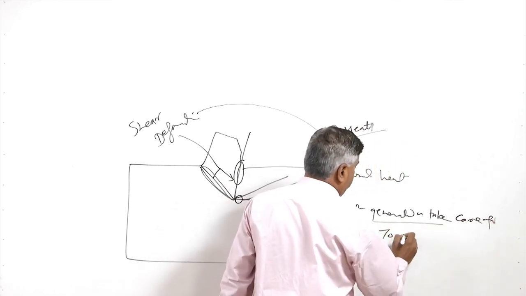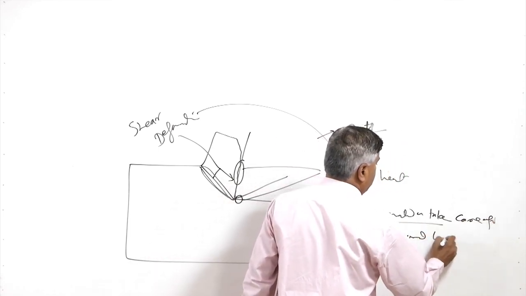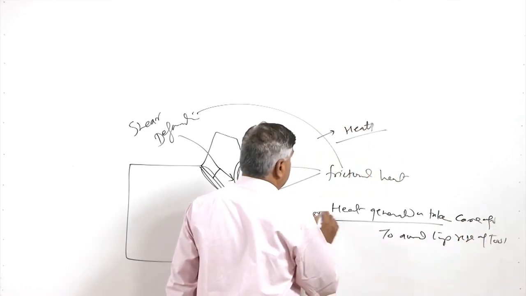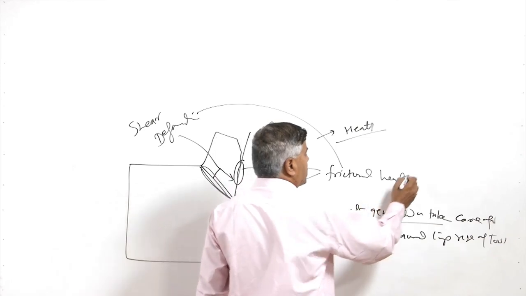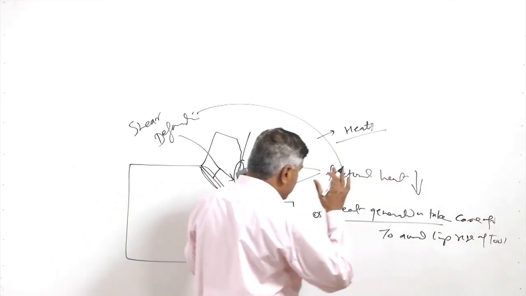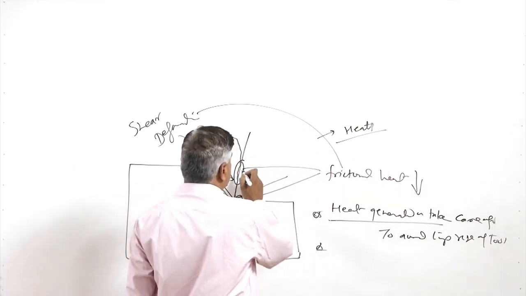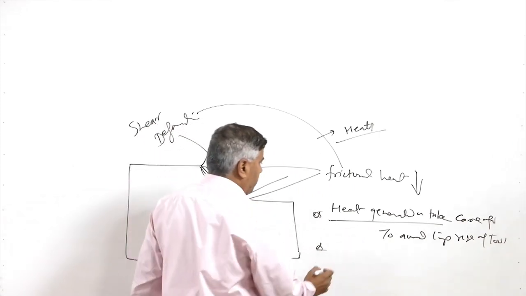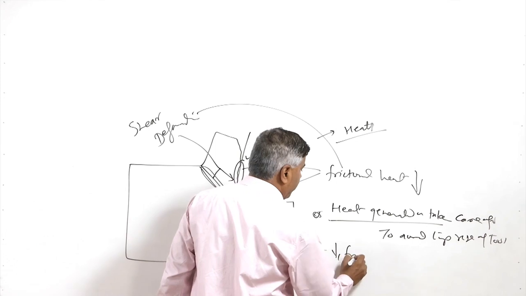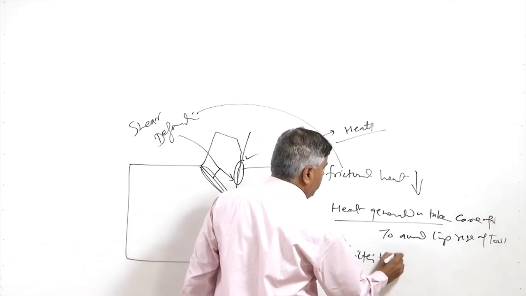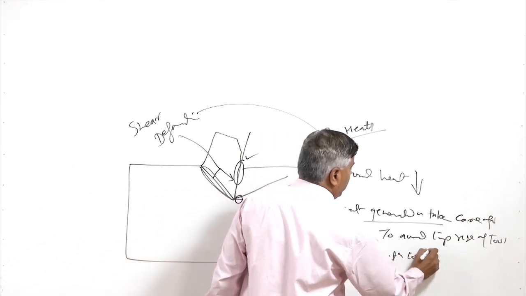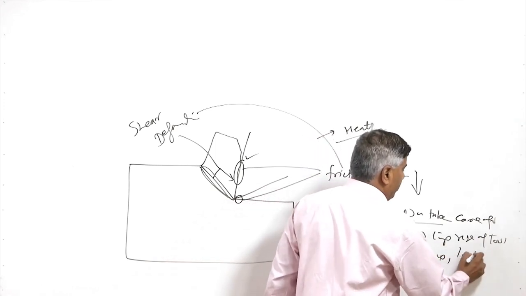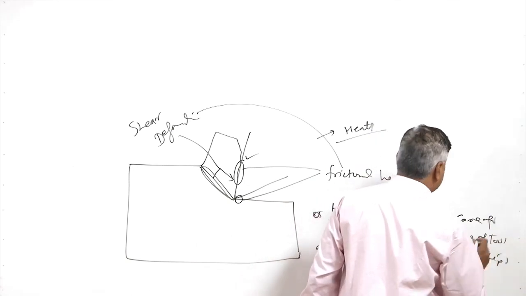So, to avoid temperature rise of the tool, this is one aspect, and the second is the frictional heat is reduced by reducing the friction between the chip and tool as well as tool and workpiece. So, reducing friction between tool and workpiece and the tool and the chip is the another target.